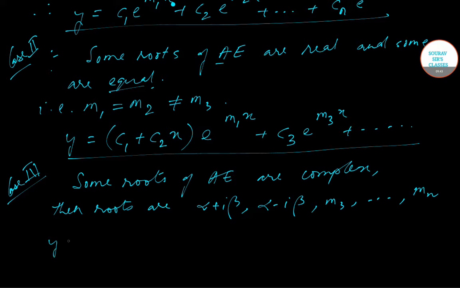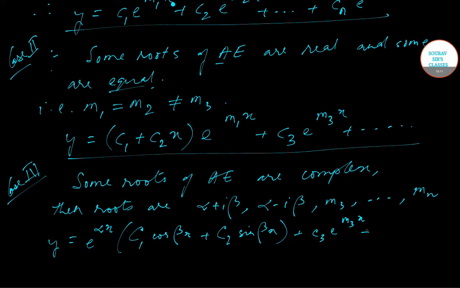In that case, y will be of the format e to the power alpha x into capital C1 into cos of beta x plus capital C2 into sine of beta x plus c3 into e to the power m3x plus it will go on up till cn into e to the power mn x. So this will be the format of the complementary function.